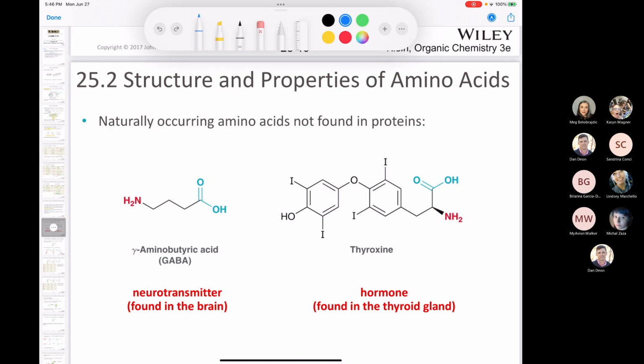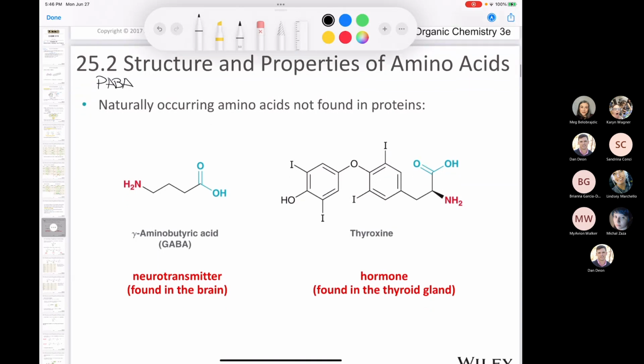So there's all kinds of different examples. If you've ever heard of para-aminobenzoic acid, PABA, that would be another example of an amino acid that's not an alpha amino acid. I can write the acronym here if you want to look it up. I won't be quizzing you on this, but PABA is also an amino acid.